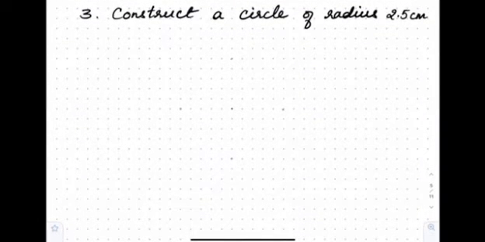Now for the next problem, construct a circle of radius 2.5 centimeters. So as we all know, we'll start with the same steps which we have followed.